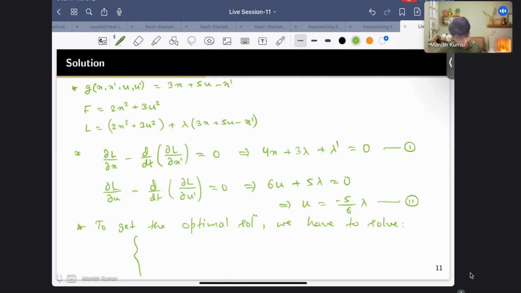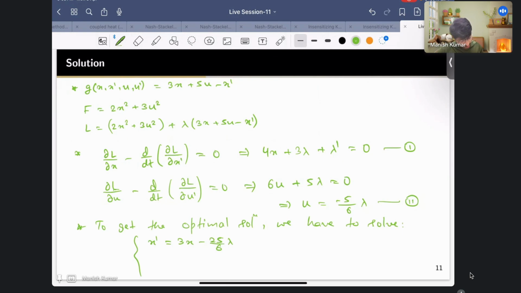First thing is that we want g to be 0, so x prime should be equal to 3x plus 5 times u, and u you can replace by minus 5 by 6 lambda, so you'll get minus 25 by 6 lambda.